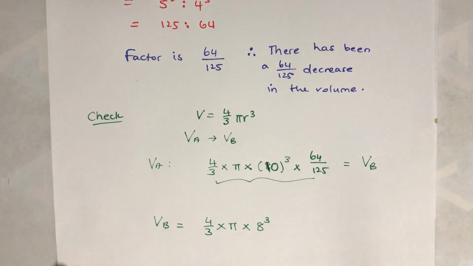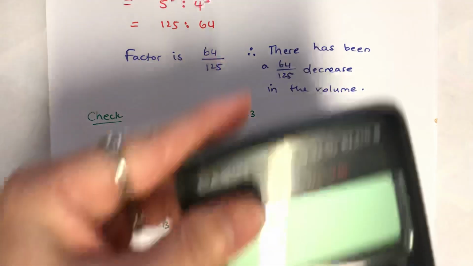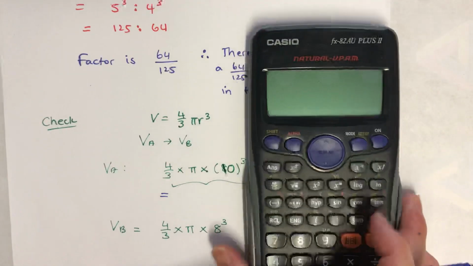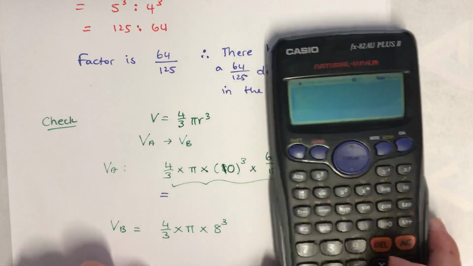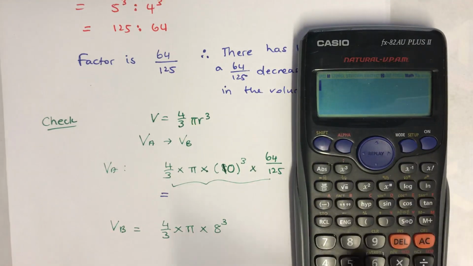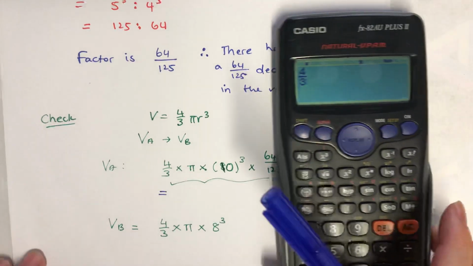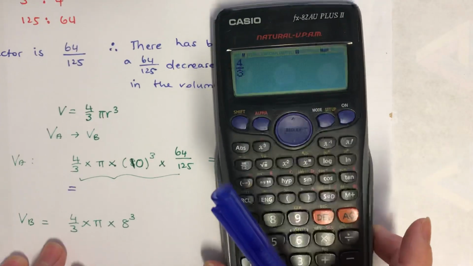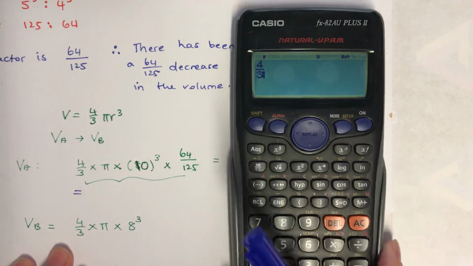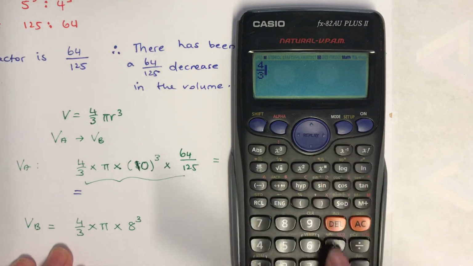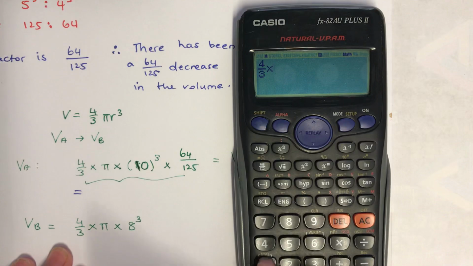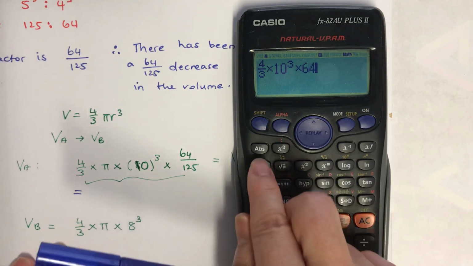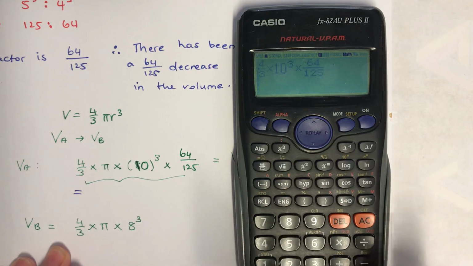Now on my trusty calculator, I'm going to do 4 over 3, not pi, just the exact value, 10 cubed times 64 over 125.